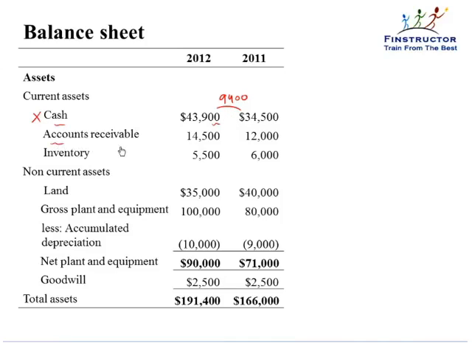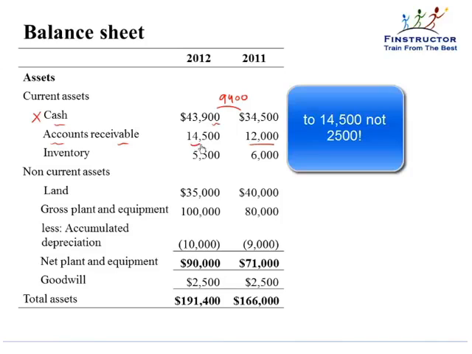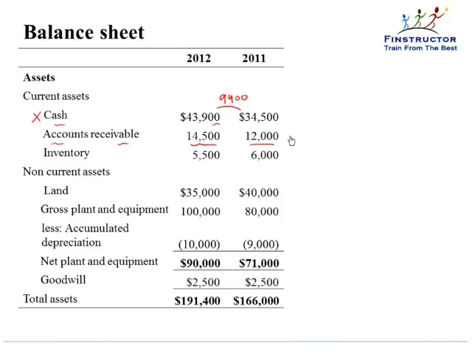The accounts receivable, the next item we see, has gone up from 2,000 to 2,500. It means that another $2,500 of sales has not come in the form of cash or is pending with customers.